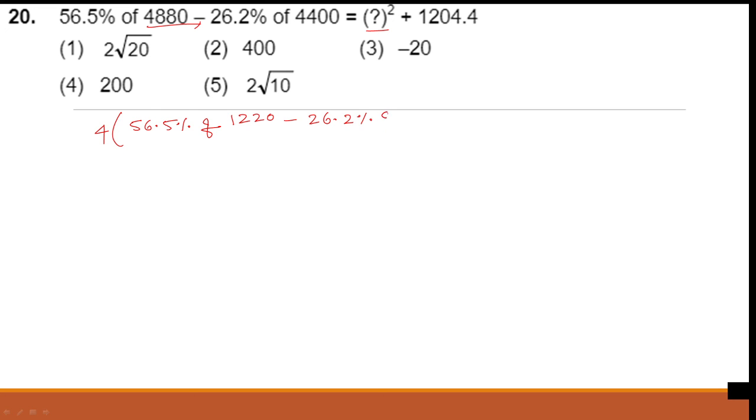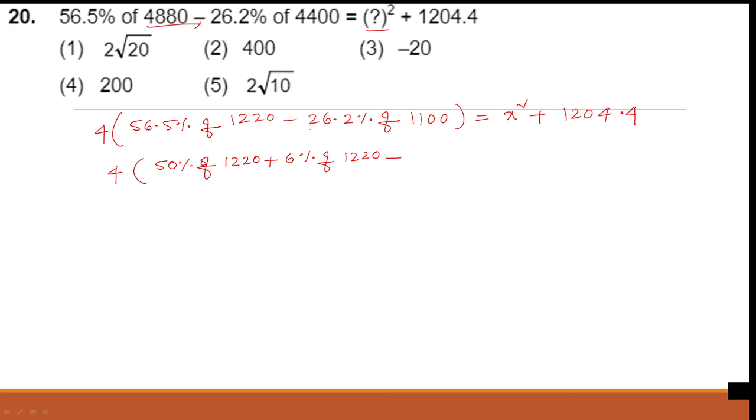Minus 26.2 percentage of 1100 is equal to x square plus 1204.4. Now 4 into 56.5. I am going to take it as approximately 56 percentage, and again 56% I am going to take as 50% of 1220 plus 6% of 1220.